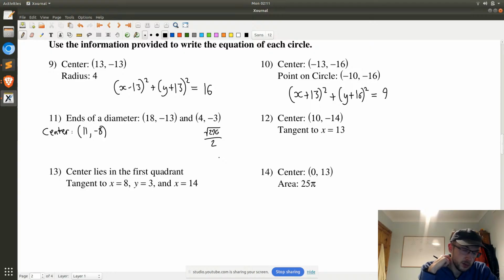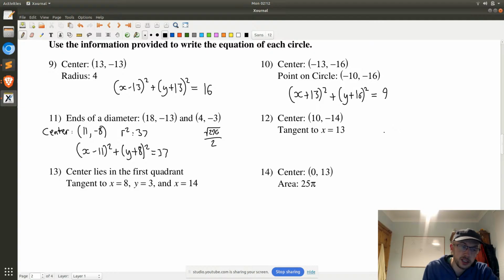So 2 root 37. Okay, so root 37. That's the radius. And so I'm going to write 37 on the other side. I'll just try it. Okay. Center is that. The tangent to x equals 13.